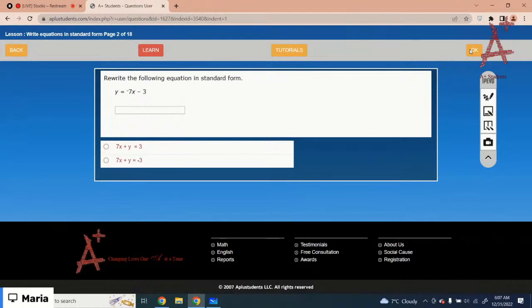Okay, the next one is y equals negative 7x minus 3. So which of the option is the correct one? You have to rewrite the equation in the standard form.